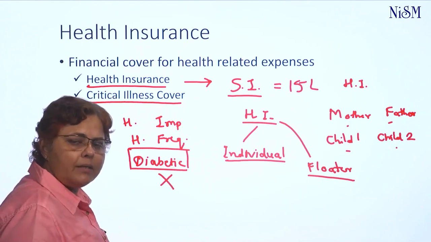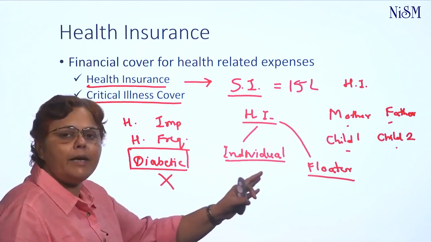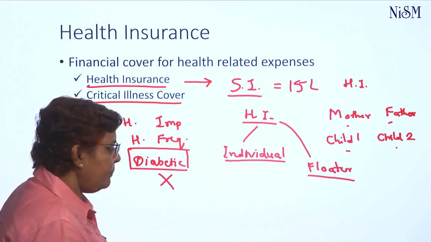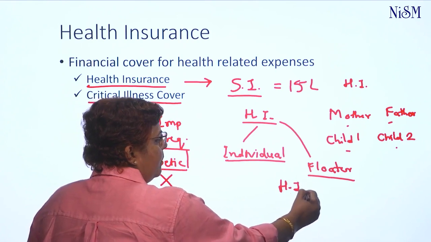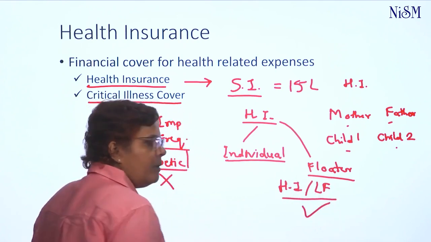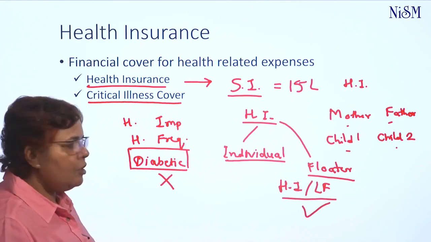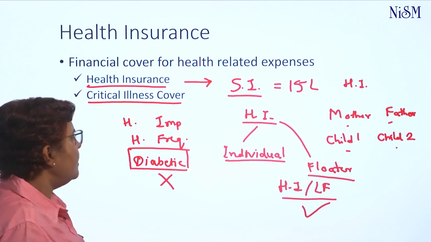It is better that when the person is absolutely healthy, that person should get a health insurance of his own, because at that time he is in the high impact but low frequency zone, and the insurance company will be more than happy to give him the cover. So, that is very important, we have to remember this.